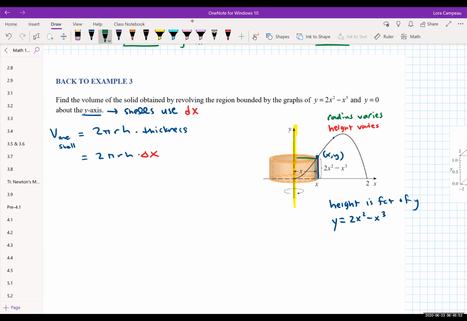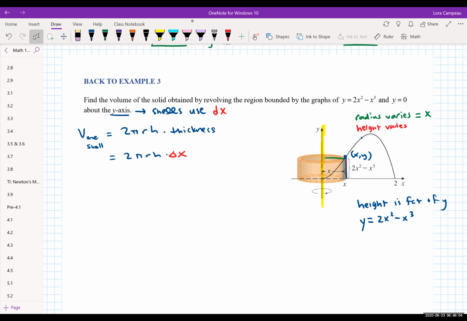My radius is actually a horizontal distance, and in our case it's varying, but it's equal to your x. So that gives us an idea of how we can replace these. Now I'll color code it, because I think I called it radius. I'll do this for you guys.